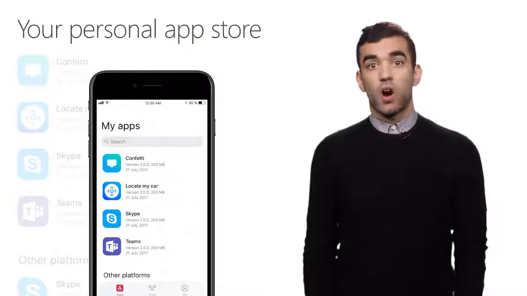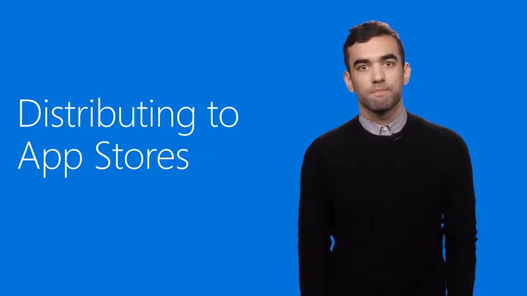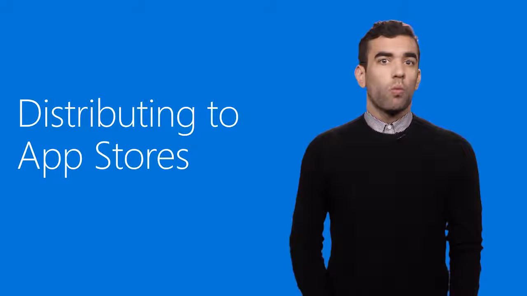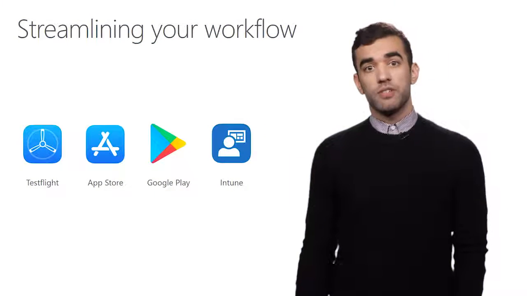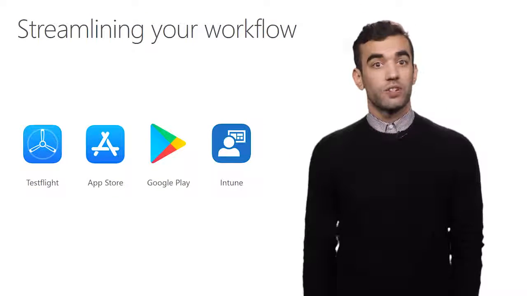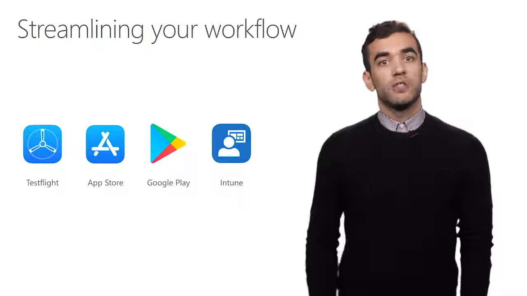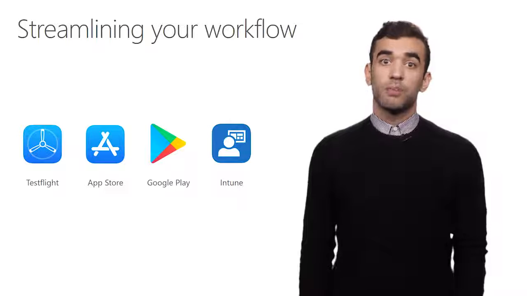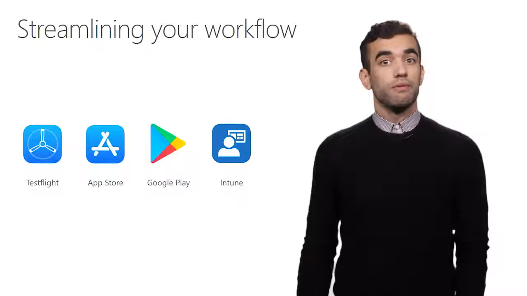On the My Apps page, all of your apps are displayed in one easy-to-find place. Distribution is way more than just a way to distribute your app privately. App Center now empowers you to streamline your entire app distribution workflow through our integration with the official app stores. While you still need to create the app and subsequently manage metadata and pricing in the applicable stores, you'll be able to distribute a release to a store from App Center moving forward.